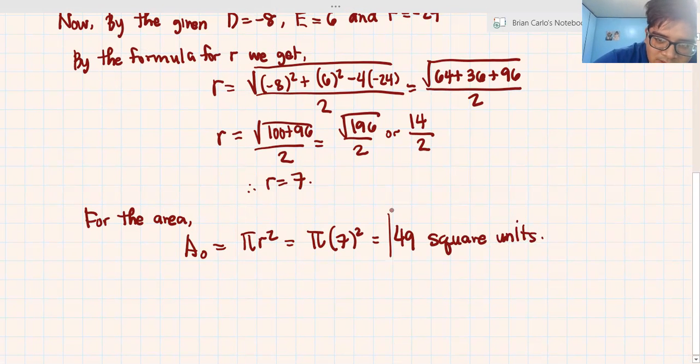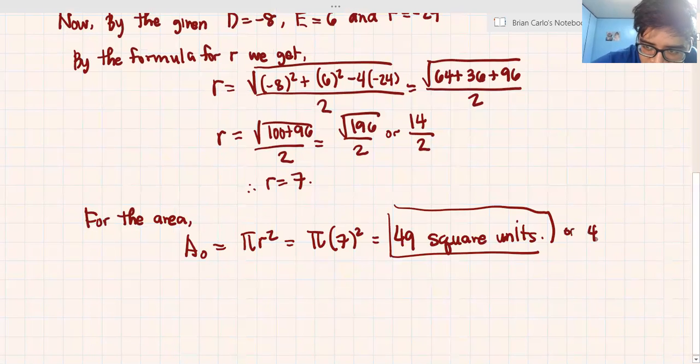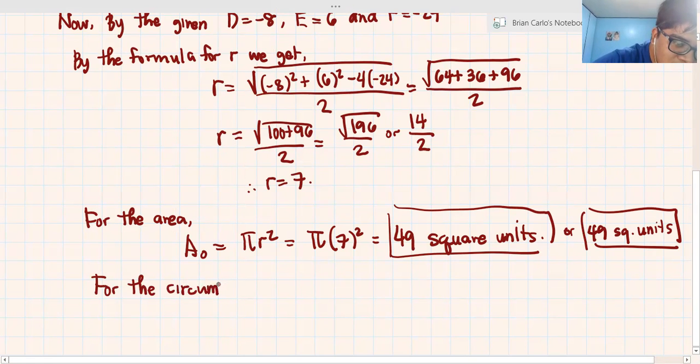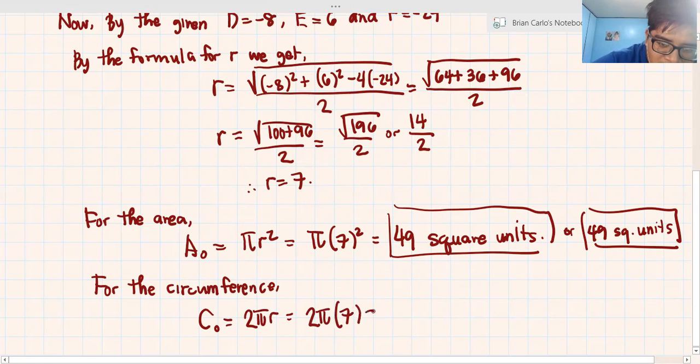So we can write it as 49 square units. Second, for the circumference, this is 2 pi r. So it becomes 2 pi multiplied by r, which is 7, or 14 pi.